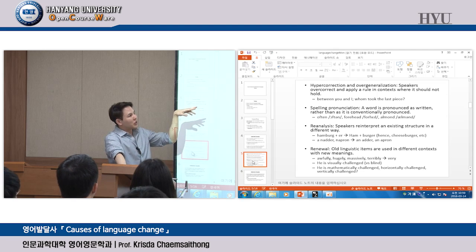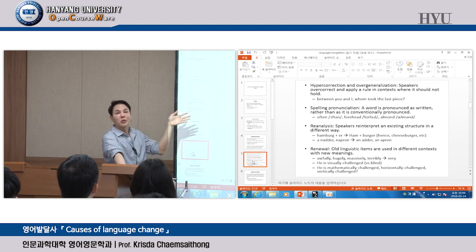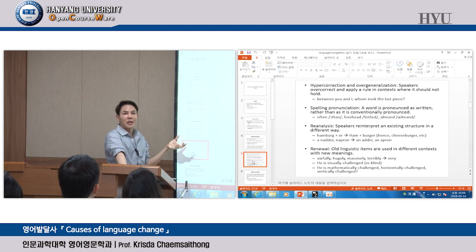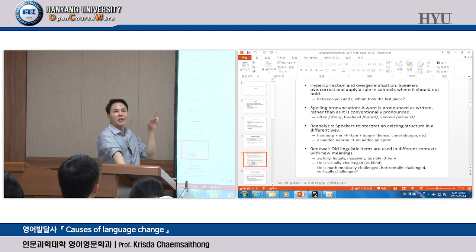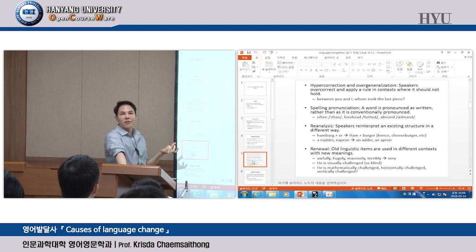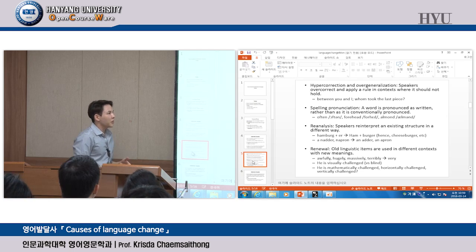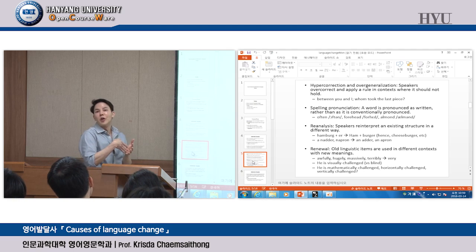Like, whom took the last piece should be who took the last piece, right? Because who is the subject form, but whom with an M is the object form. Here, you need the subject form. Took is the verb here. But people tend to overgeneralize, thinking that whom is more formal.